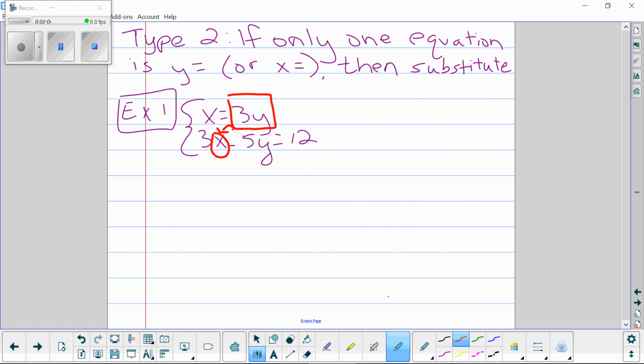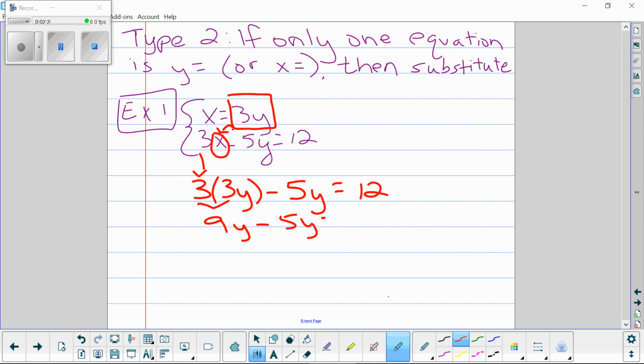So what I'm going to do is write this 3 here. So I have 3. Now I'm taking out the x and I'm changing it to 3y. And then minus 5y equals 12. And then from here, the next step is to simplify. 3 times 3y is 9y. 9y minus 5y equals 12.